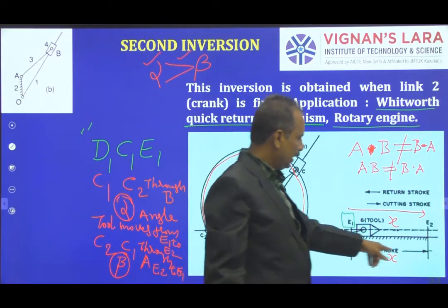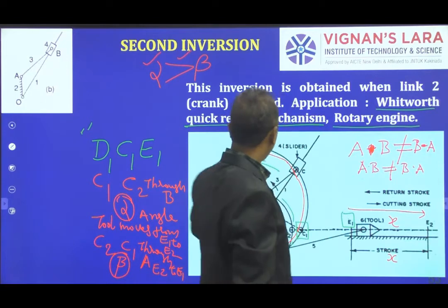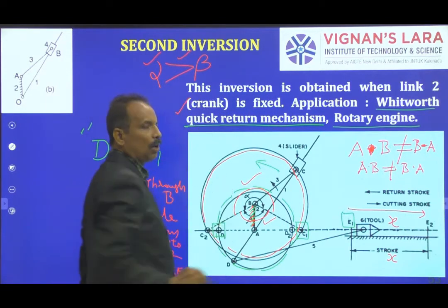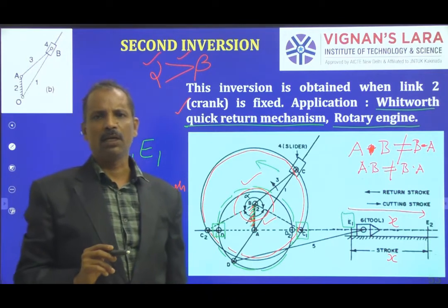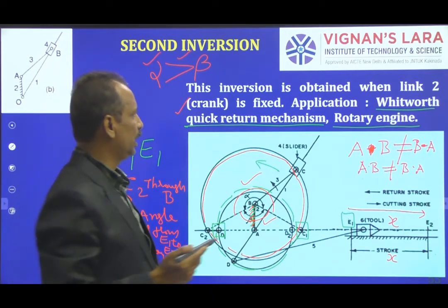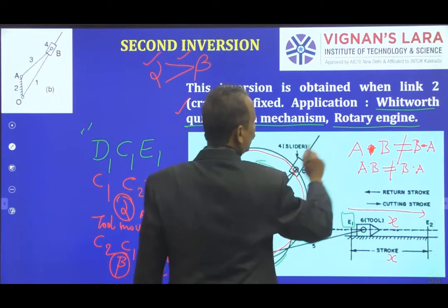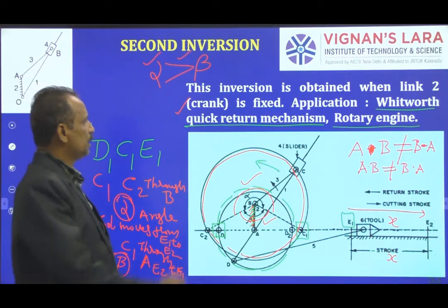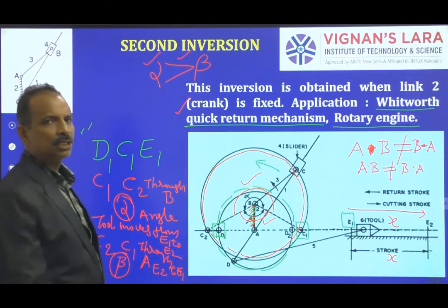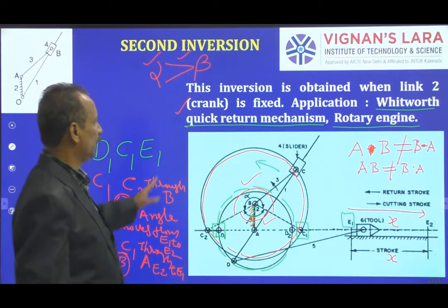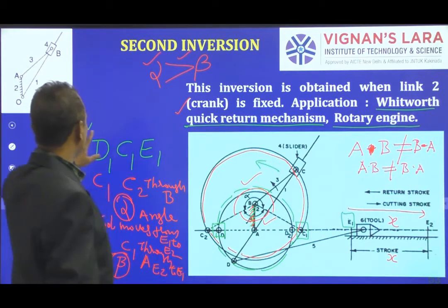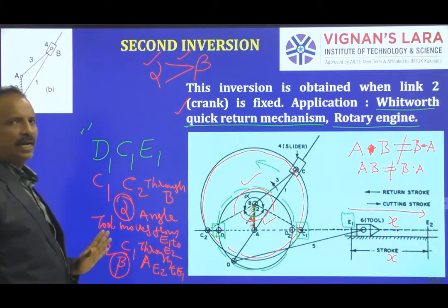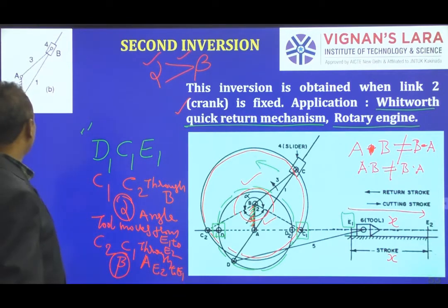Even though the linear distance is the same, the time required is different, which we need for a mechanism called the quick return motion mechanism. The return should be quick; the name itself says so. It was developed by Whitworth, hence it is called the Whitworth quick return mechanism. This is one of the beautiful inversions of the single slider crank chain, by fixing the second link.